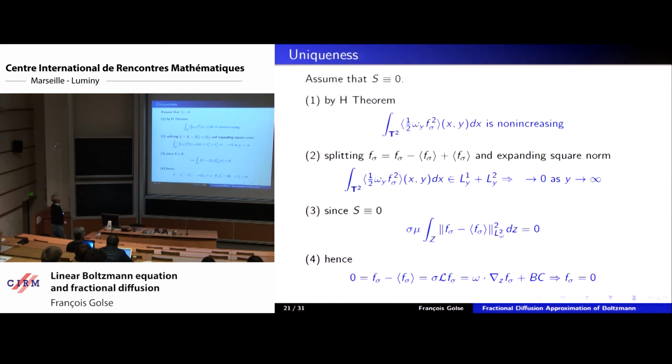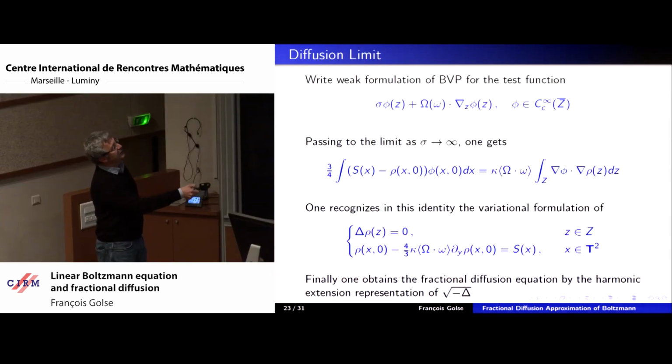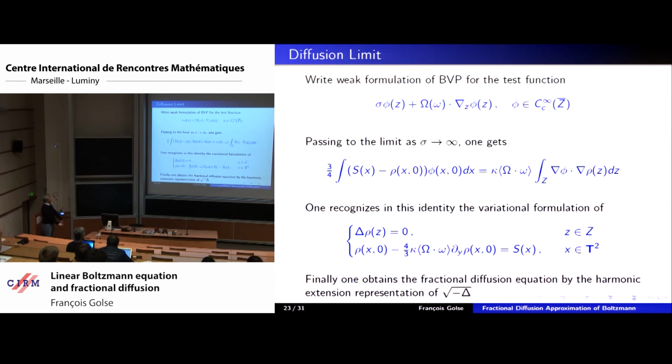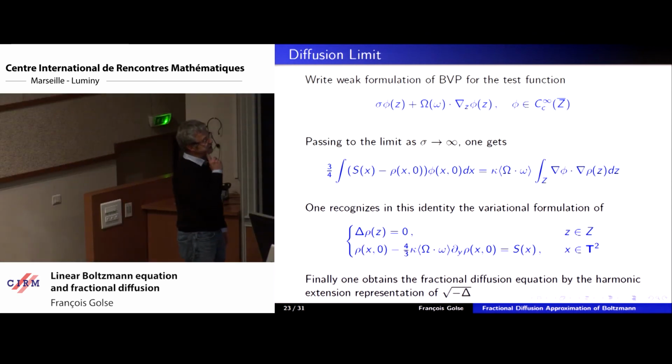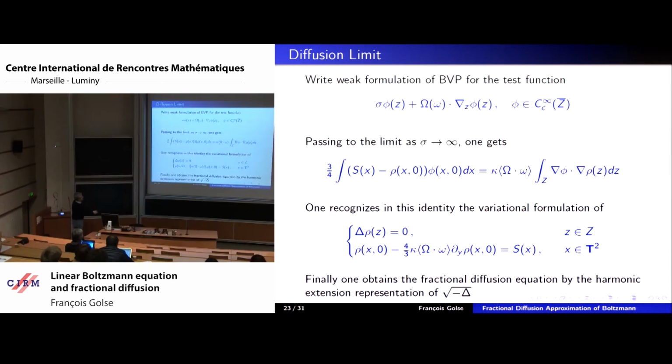Right, so if you pick a test function of this form, and if you pass to the limit in the weak formulation as sigma tends to infinity, you'll see that you get an identity like this, which is going to be satisfied for all phi, say for all phi in C infinity with compact support, and you recognize in this identity the variational formulation of this problem here, right? So you recognize that you have Laplacian of rho equal to 0, and that you have precisely this boundary condition equal to S, right?